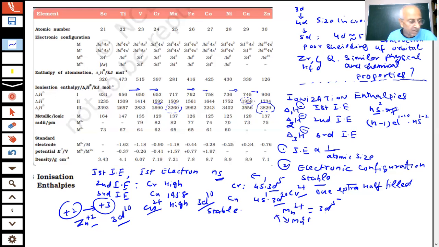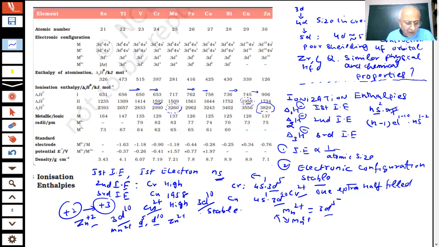So we are saying D5, which is Mn2 plus, and D10, Zn2 plus ions, it will be difficult to remove electrons from D5 and D10 configuration. D5 is Mn2 plus and D10 is Zn2 plus.